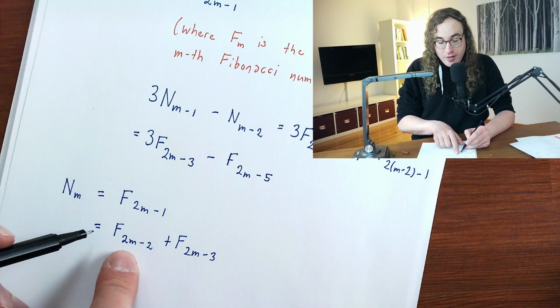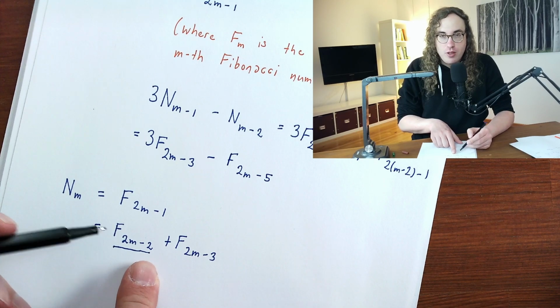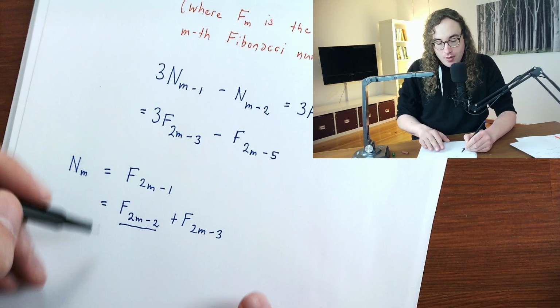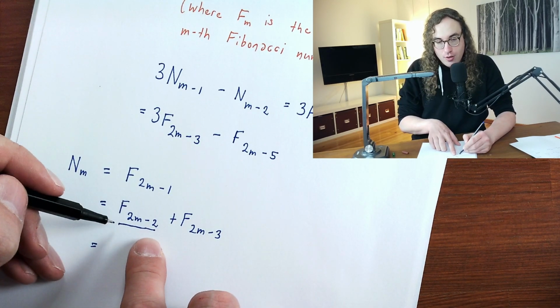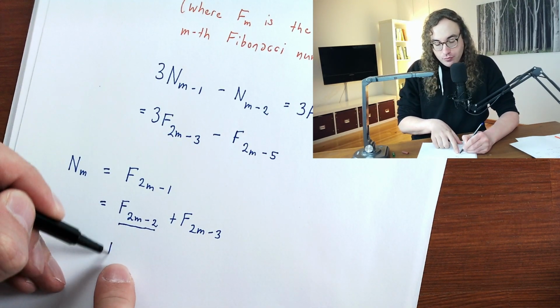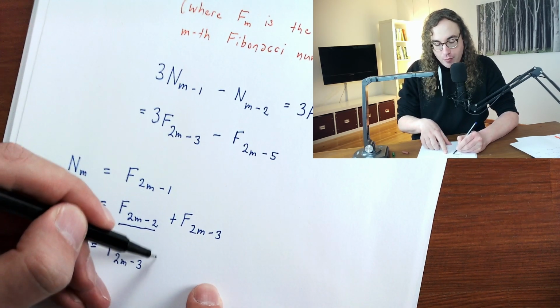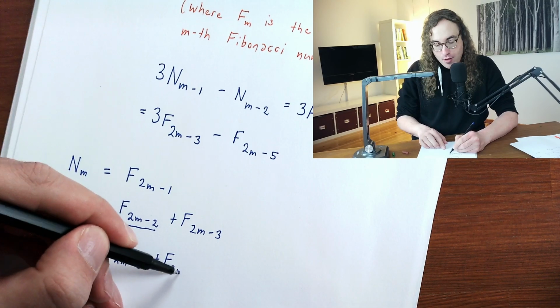Okay, now I'll play the same game with the first term here, because that's also an entry in the Fibonacci sequence. So I can use the same observation. So this also is the sum of the two entries before it. So this is the sum of f2m minus 3 plus f2m minus 4.